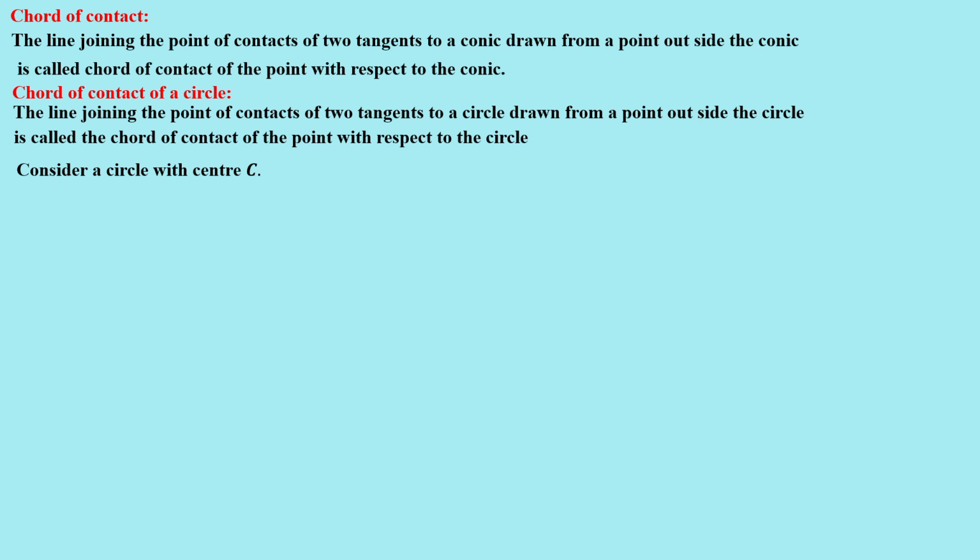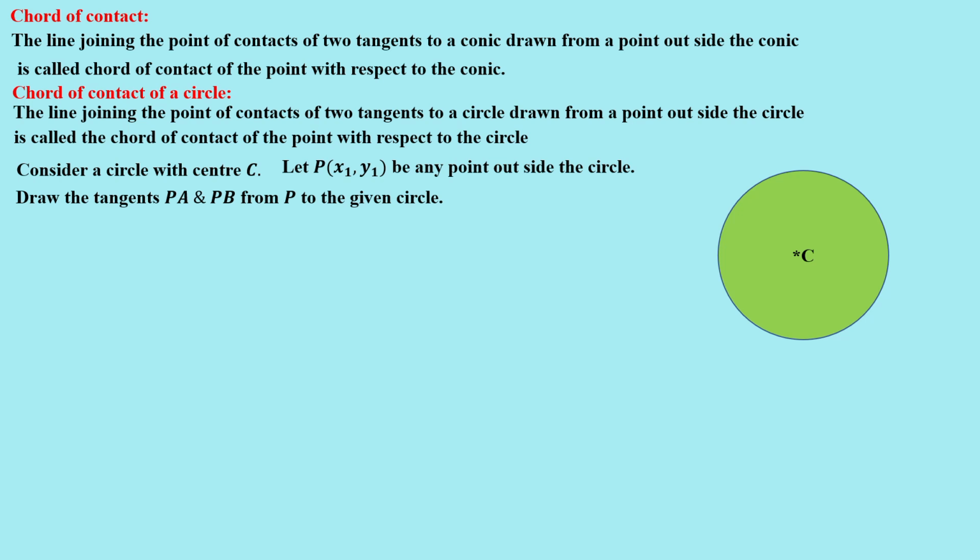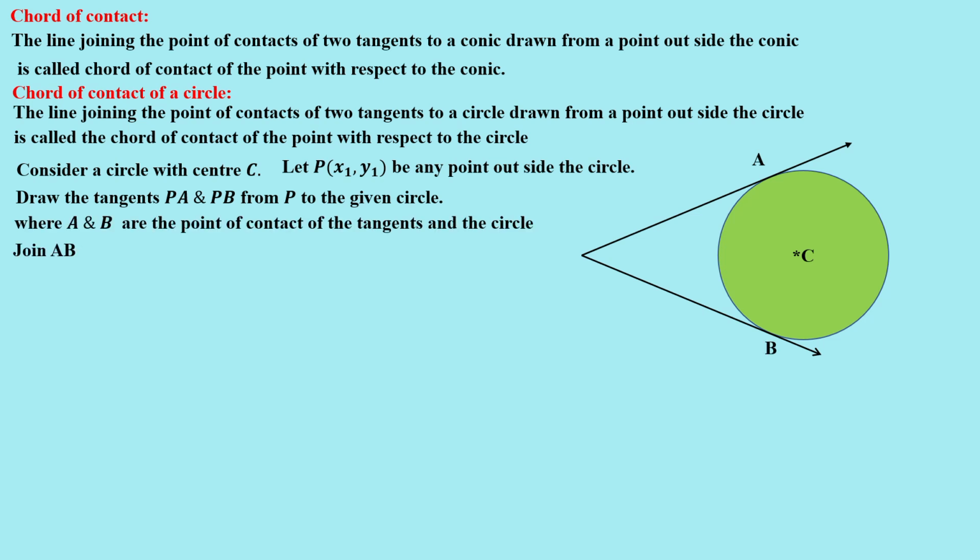Consider a circle with center C. Let P(x1, y1) be any point outside the circle. Draw the tangents PA and PB from P to the given circle, right? So PA, PB, where A and B are points of contact of the tangents and the circle. Join AB, right?